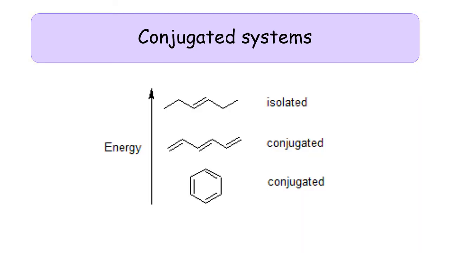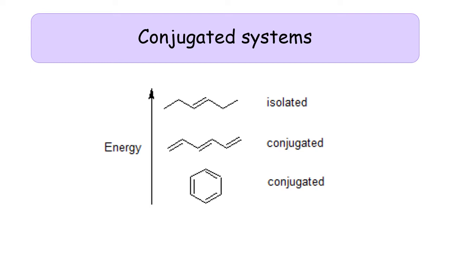So here we have an example. In terms of energy, this is the HOMO-LUMO gap. Benzene and those aromatic compounds where they're in a ring, those always have very low HOMO-LUMO gaps.